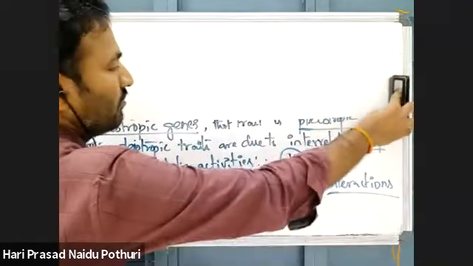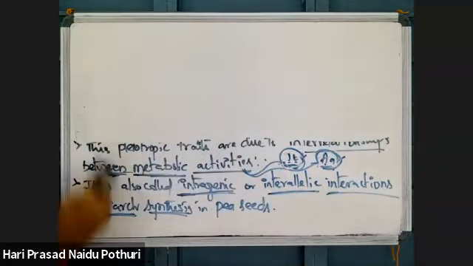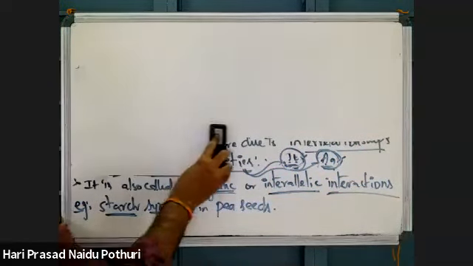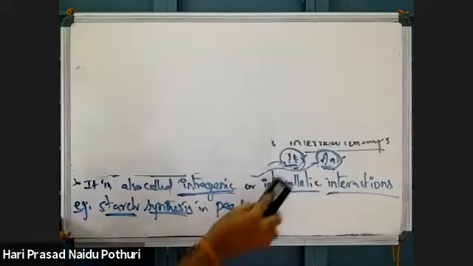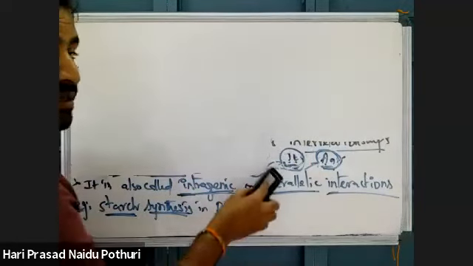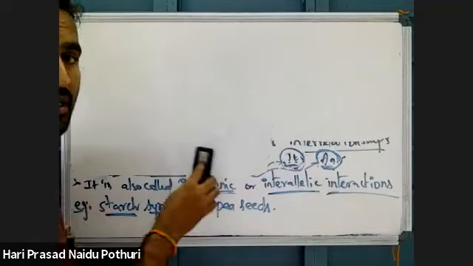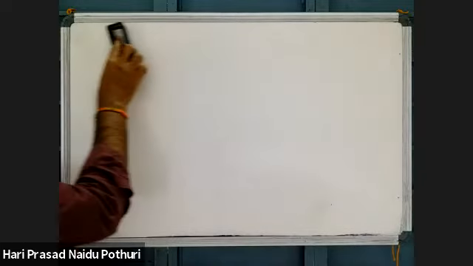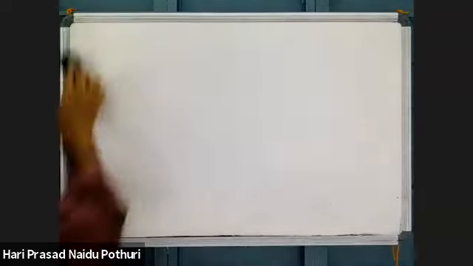Intragenic interaction means one gene is interacting with two metabolic activities. Interallelic: these alleles are responsible for one character, that allele is responsible for another character. Okay? That's the point. If you take an example, then you can understand.